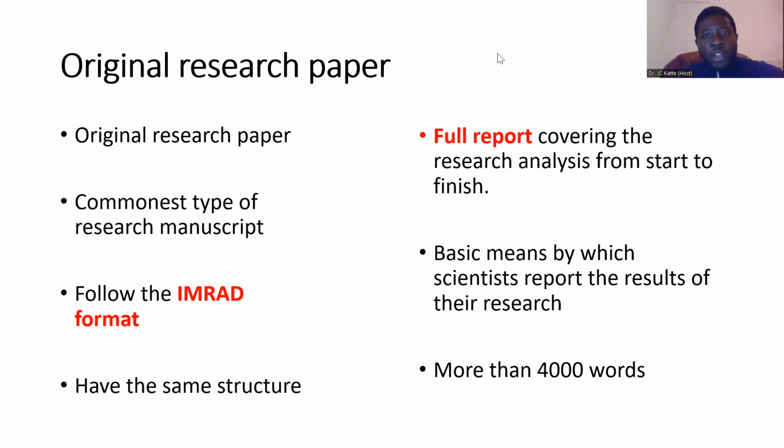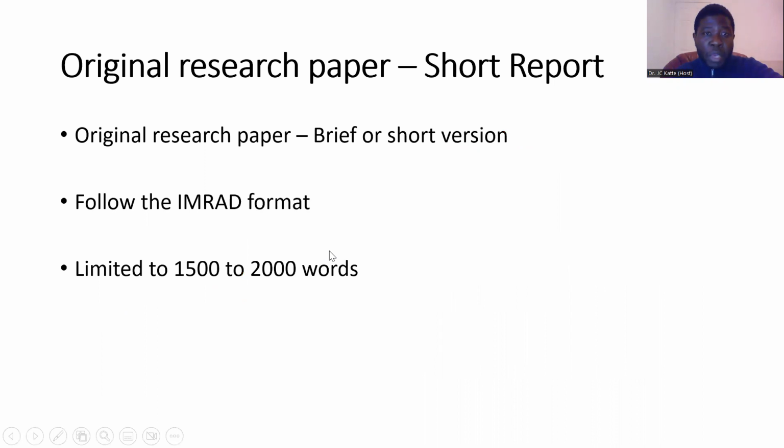Like the studies that most of you have undertaken after your medical school, after your BSc or master's or PhD, that kind of primary study where you go out, you collect data, and you write your thesis, your dissertation, or your memoir, that kind of work can easily be translated into an original research paper, because that fits this particular description. It's an original research project that has been carried out.